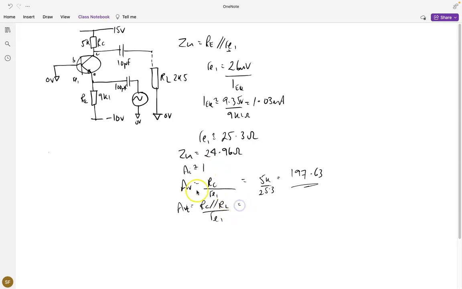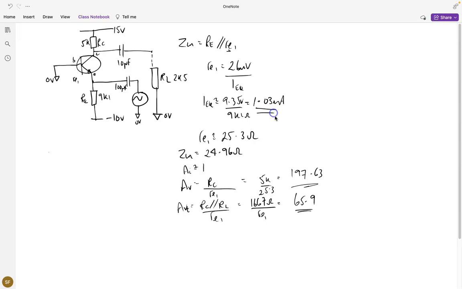And if you tap those values into your calculators, then we will see that our total on the top comes out at around 1667 ohms, and divided by RE1, what we'll get is approximately voltage gain of about 65.9. So, as with any amplifier, we have to consider the load that we're driving, and it will impact the overall voltage gain of this arrangement.